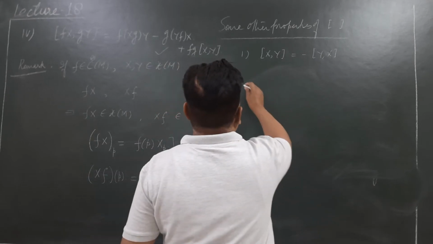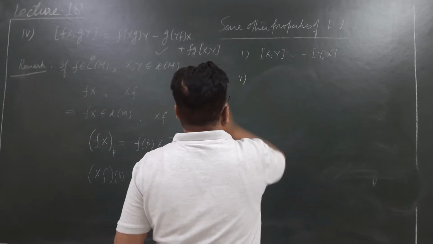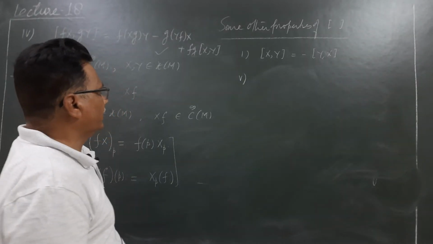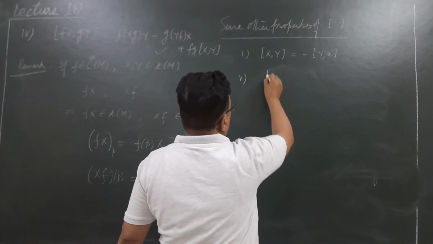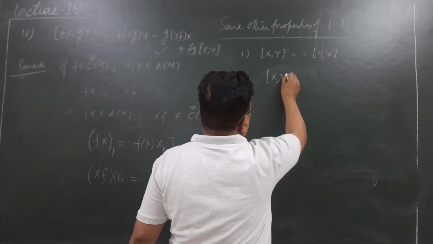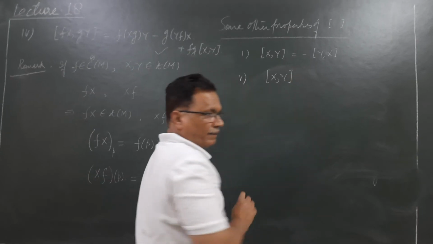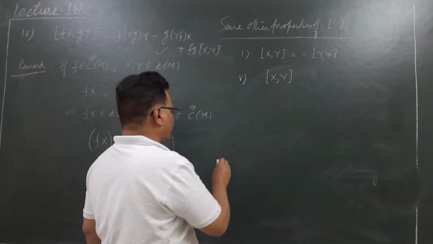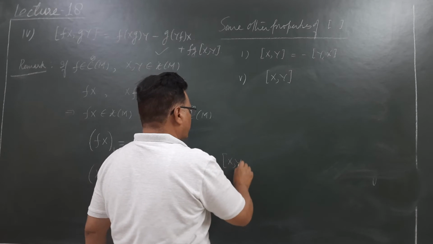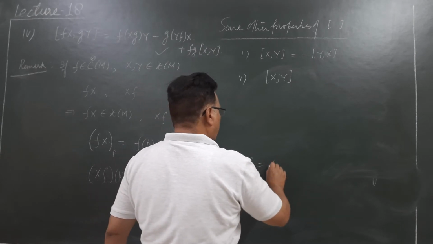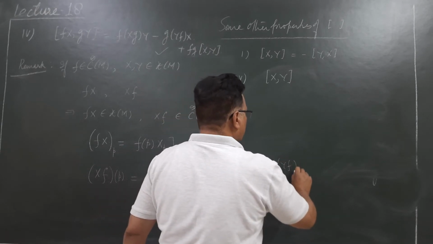Now come to the fifth property. Fifth property is if I have a Lie bracket of two vector fields x y, you know how it is defined. It is defined by this rule: xyf minus yxf.